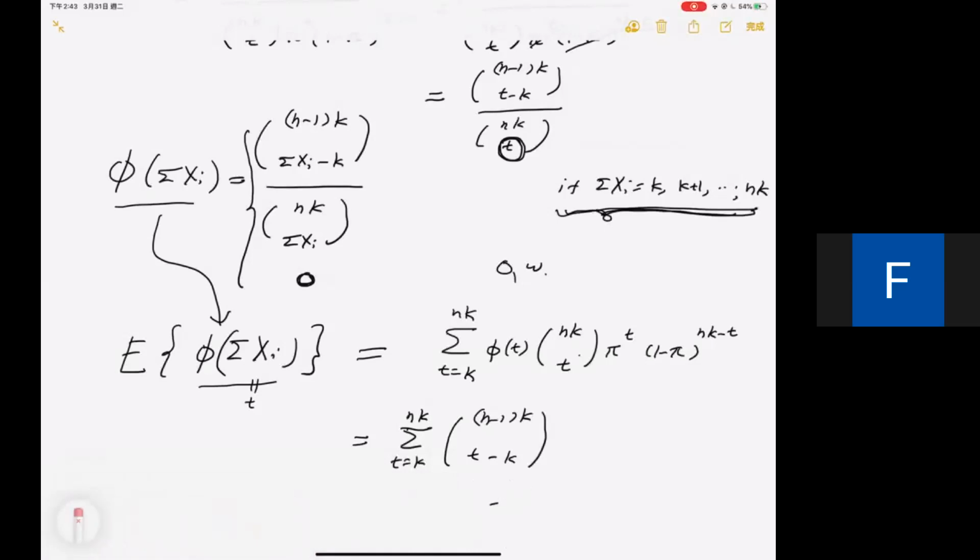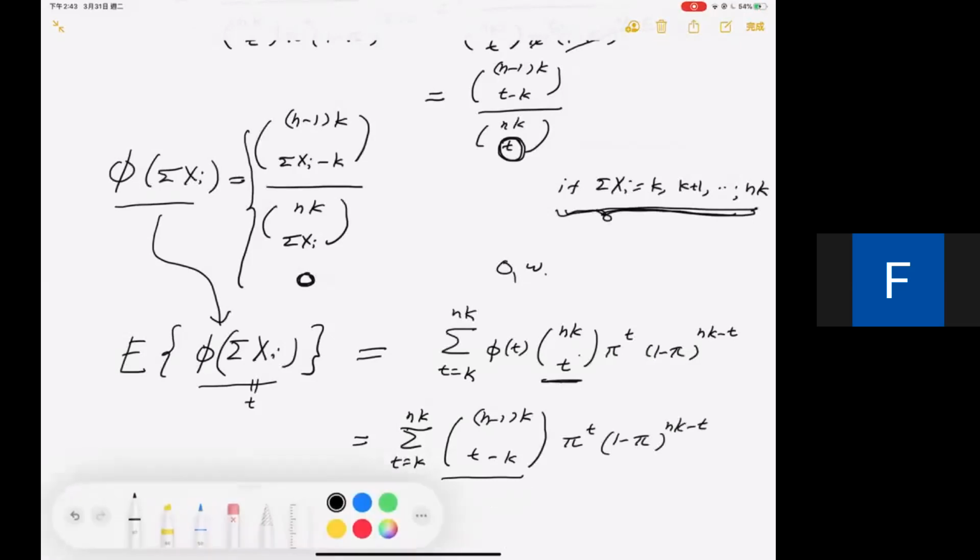I think they cancel out, right? So this guy cancels out right here, and this guy divided by cancels out right here. So I just say pi^t (1 minus pi)^(nk minus t). Hopefully you see that.